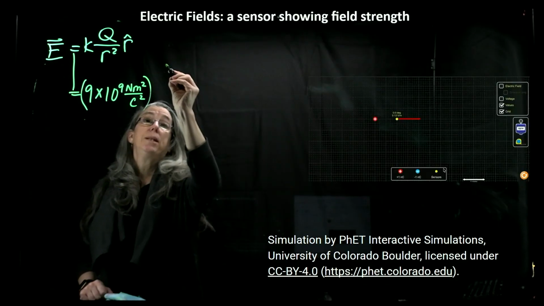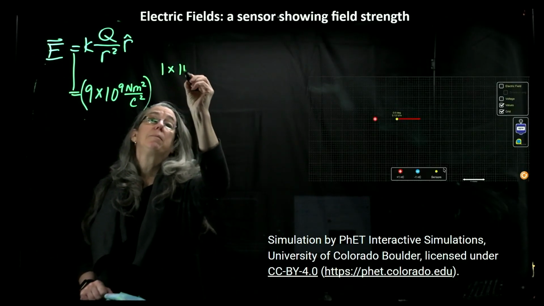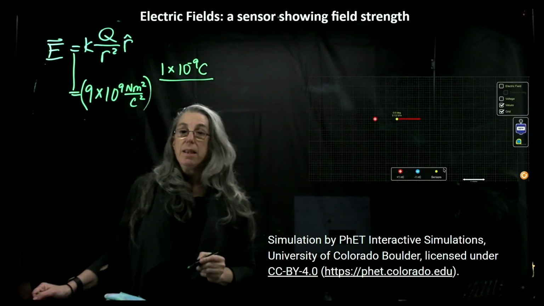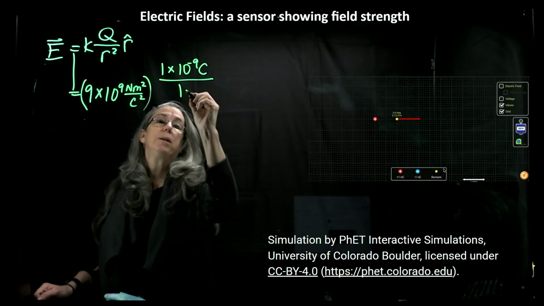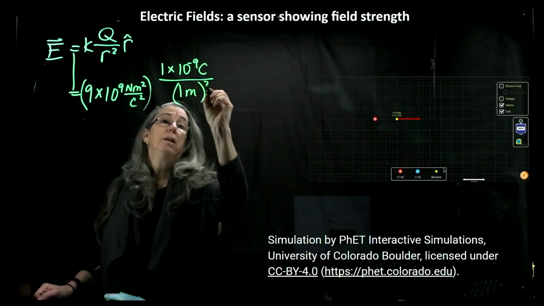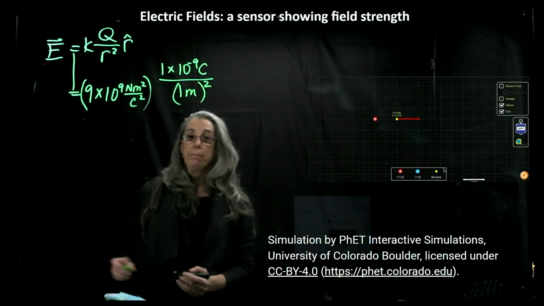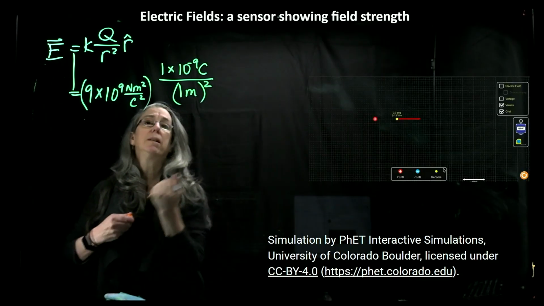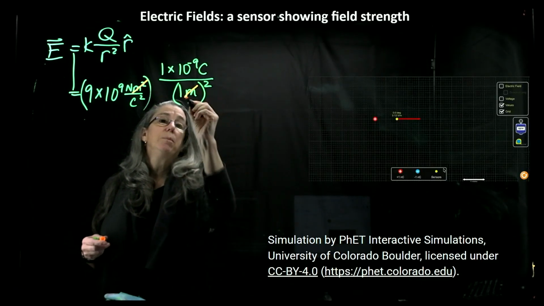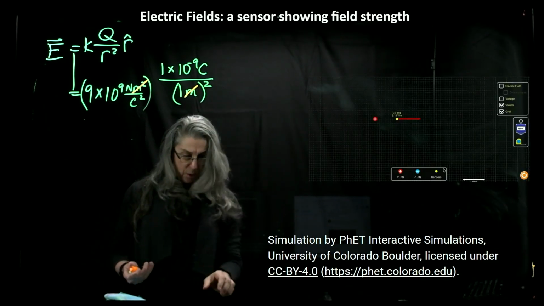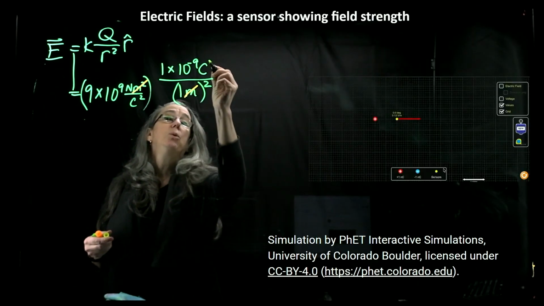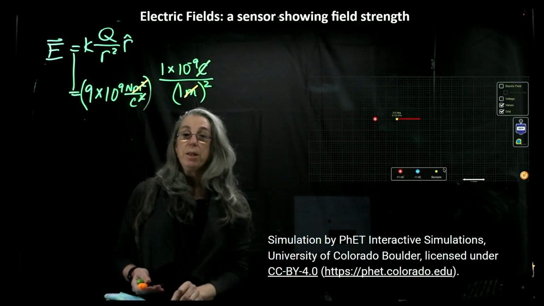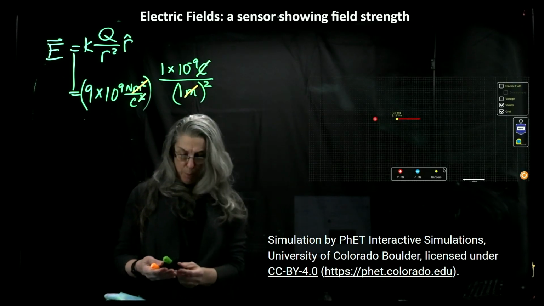Q is 1 nanocoulomb, nano is times 10 to the minus 9th, in coulombs. The distance between them is 1 meter, squared. Meters squared cancels meters squared, and coulomb only cancels one of the coulombs. So a unit of electric field is a newton per coulomb.